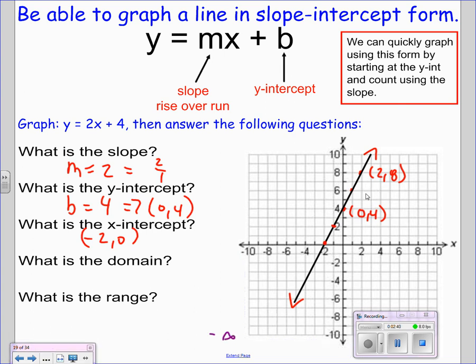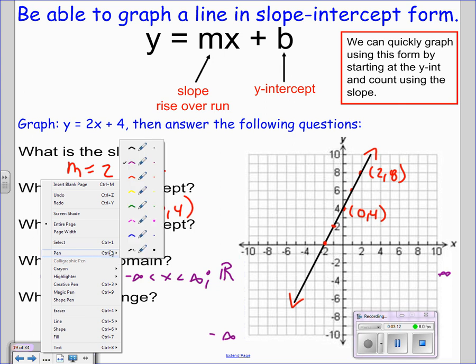And if I trace upwards towards the right, it has arrows again, so it goes to positive infinity. So if I was using interval notation, it would look like negative infinity, comma, infinity with parentheses. If I was using inequality notation, it would be negative infinity less than x less than infinity. Or you can say all real numbers with that symbol, just like that.